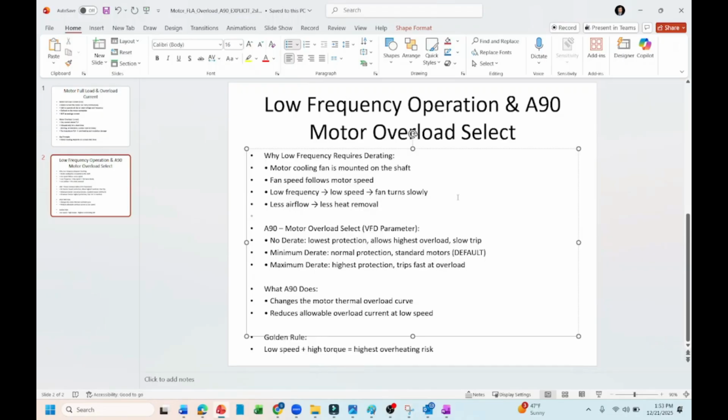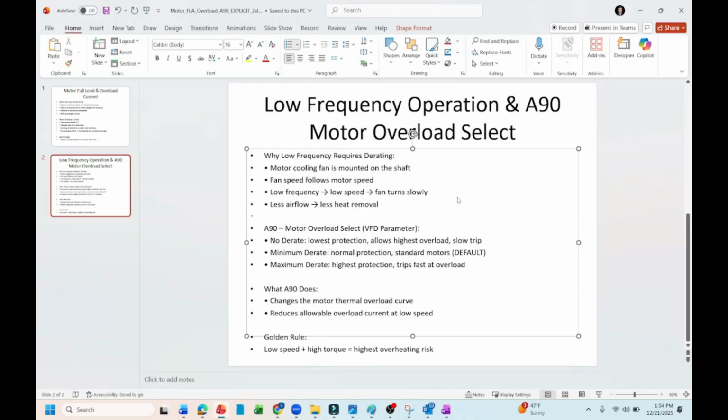Using A090, you derate that. You change the motor thermal overload curve and reduce the allowable overload current at low speed. You protect the motor from overheating because, as we know, low speed plus high torque usually gives the highest overheating risk for your motor.